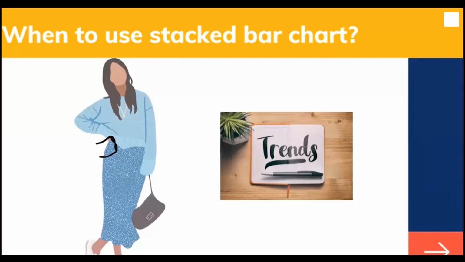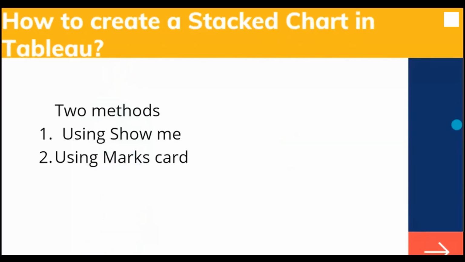Each segment will give you a completely different category of the bar. The complete bar is considered a set, and inside the set you have subsets. Each subset has its own values. That is the idea behind your stacked bar chart.